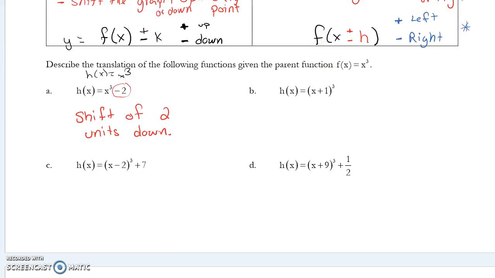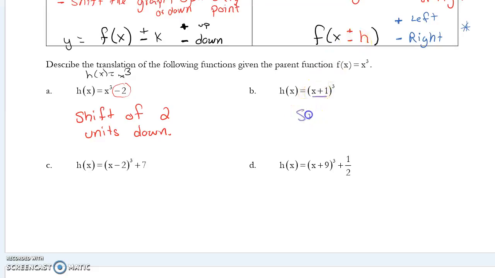On the contrary, if you look at part B, again, h of x is equal to the parent function. I'm now adding to the x inside my parentheses before I cube it, so I'm adding directly to the x. But addition is a shift left when it's inside the parentheses, or when it's happening directly to your independent variable.